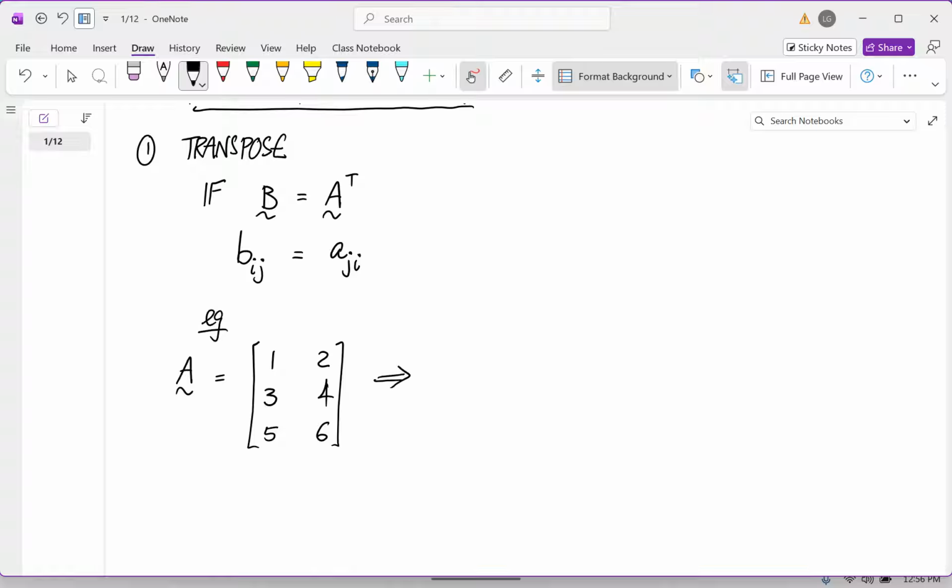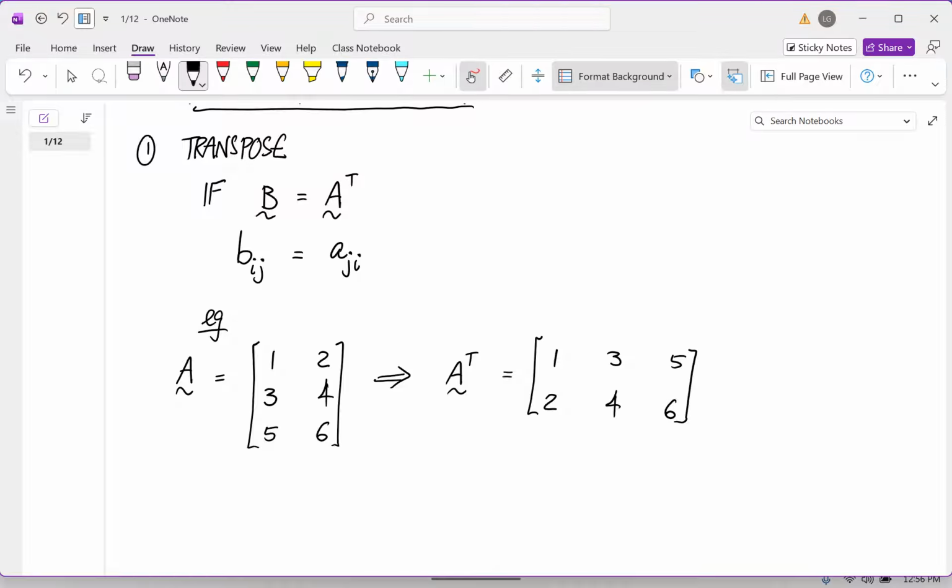Then A transpose, you're just switching the rows with the columns. So this would be a first column of 1, 2, a second column of 3, 4, and a third column of 5, 6. And you can think about it in terms of the definition that I gave you above.